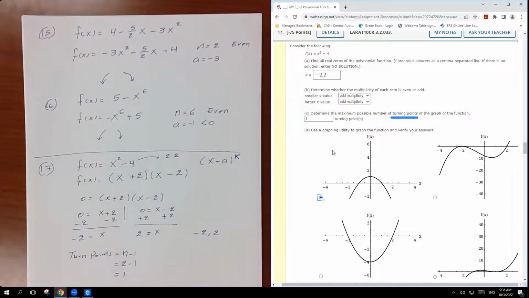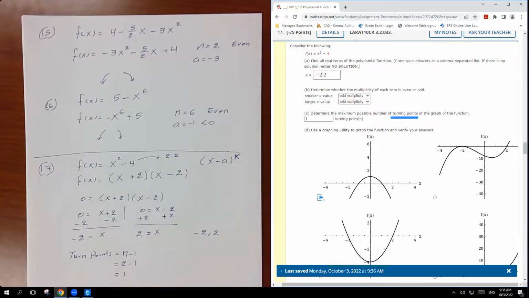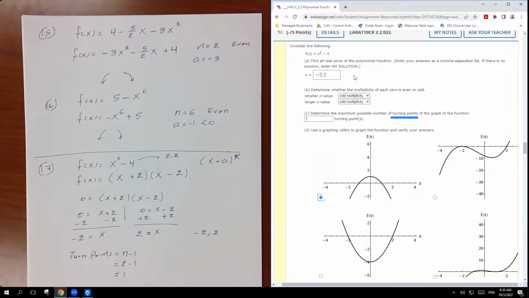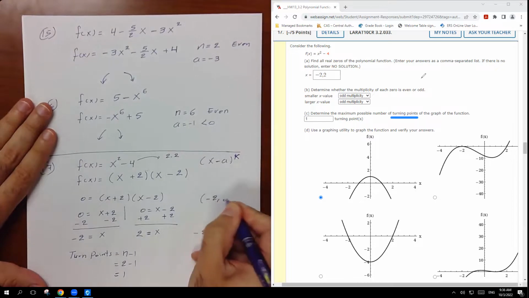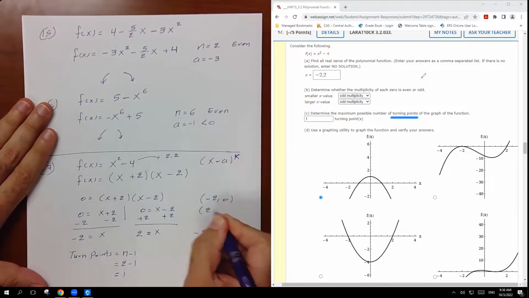Now let's look at this graph. I clicked on this one by mistake, so don't worry about this one. We have to analyze which one is the right one. Here are the zeros, which again is the same thing as the x-intercepts. So we have two x-intercepts, which are -2, 0, and 2, 0.